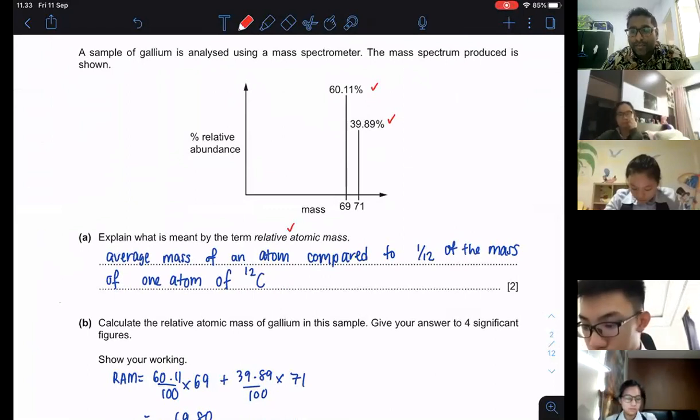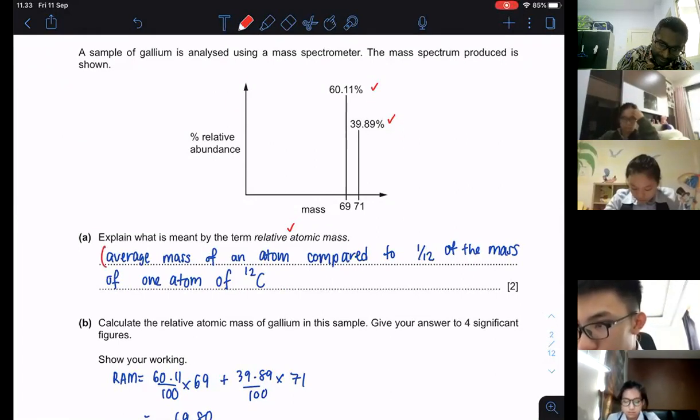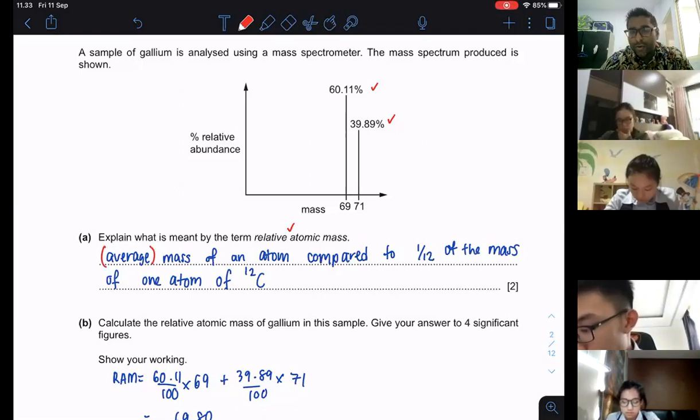When you want to explain relative atomic mass, always remember it's actually average mass. It's very important to mention average. It's the average mass of one atom compared to 1/12 of the mass of one atom of carbon 12.